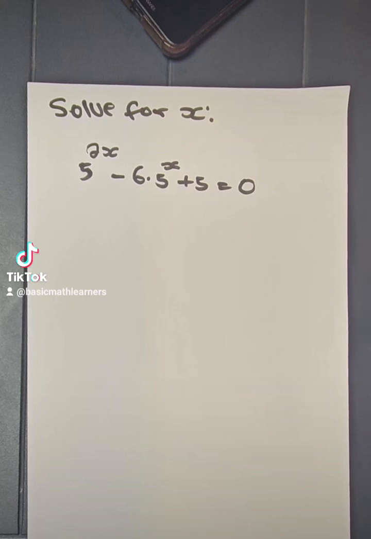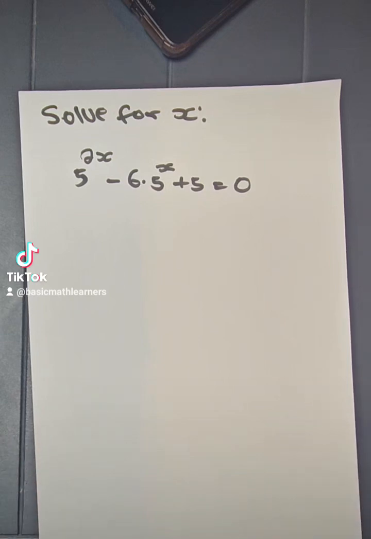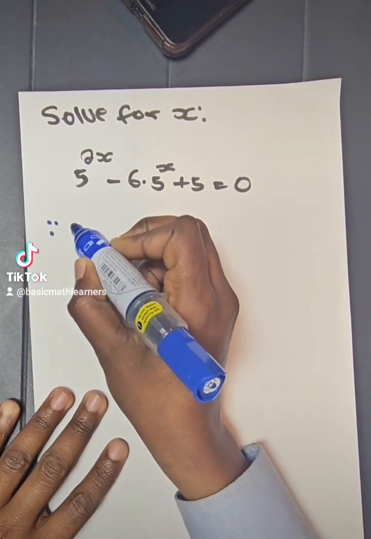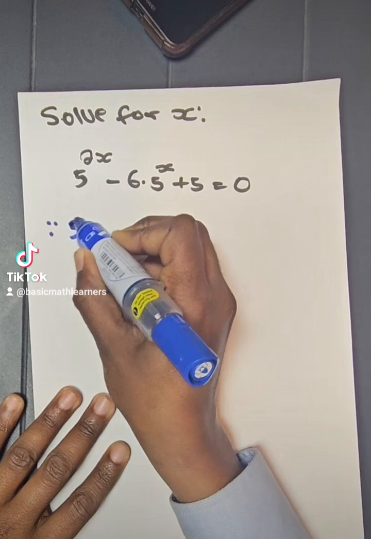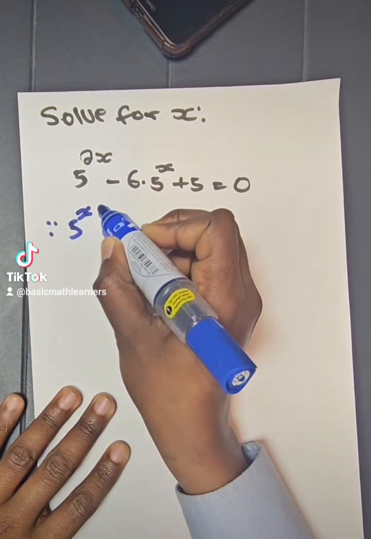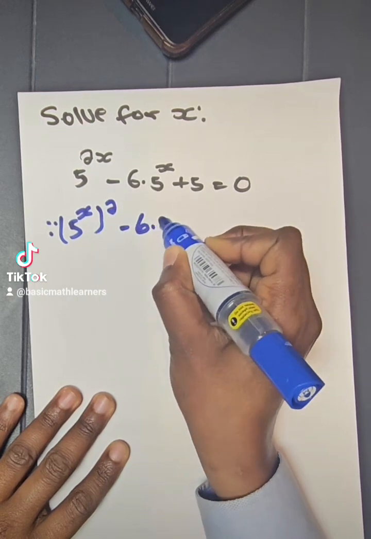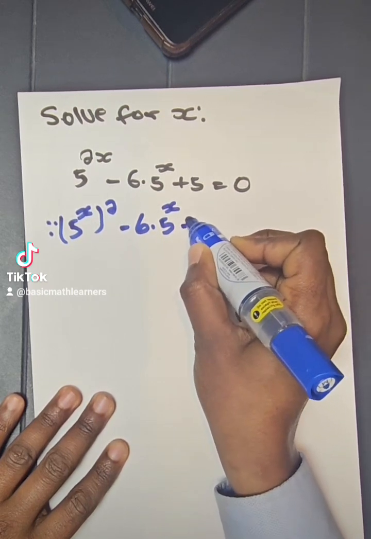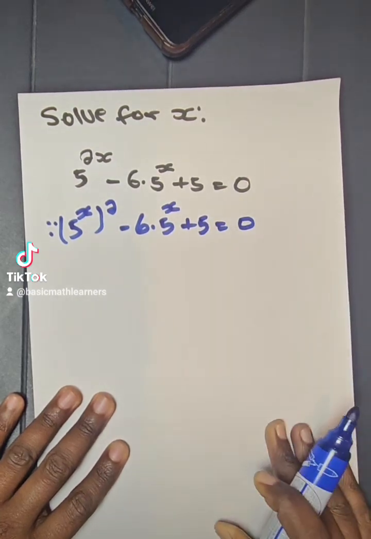So now if we look carefully at this, we see it's something that we know. So I'm going to write this in standard form in order to show you what this is. So we're going to say this equals (5 to the power of x) all squared minus 6 times 5 to the power of x plus 5 equals 0.